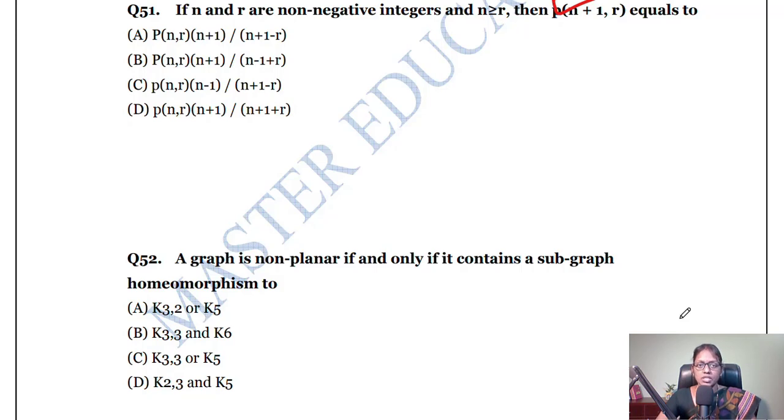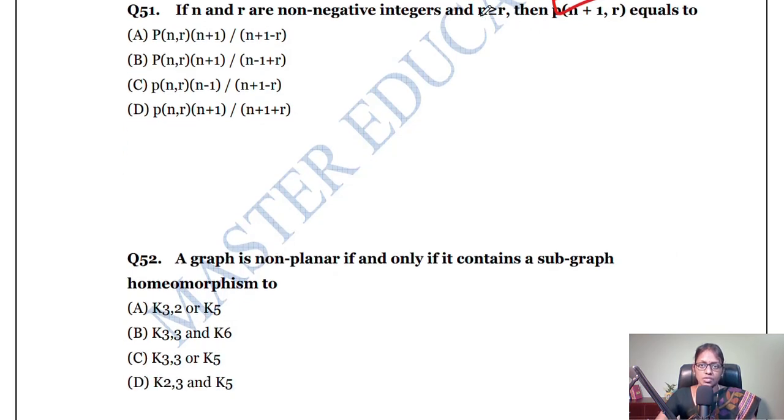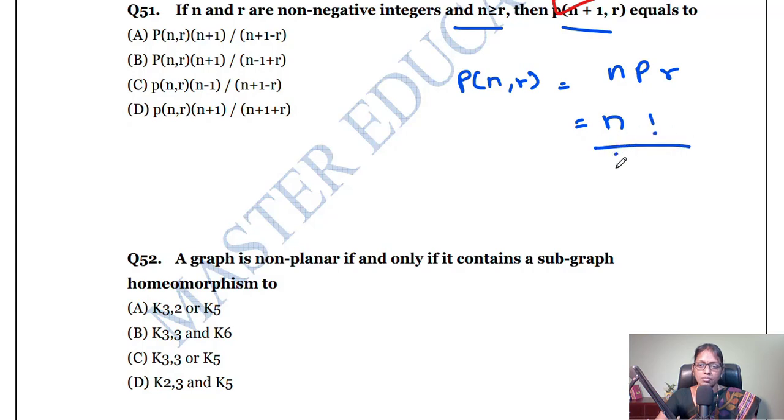Yes, the first question is, if n and r are non-negative integers and n is greater than r, then P of n plus 1, r equals what? Normally, P of n comma r, that is nPr, we define as n factorial divided by n minus r factorial.